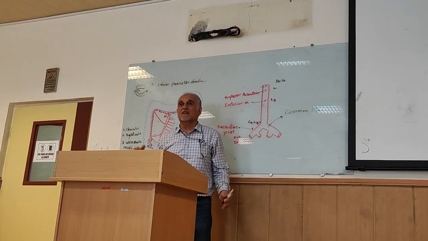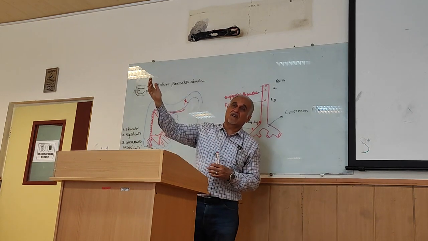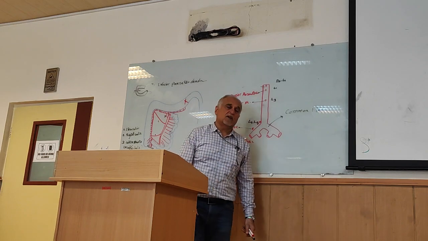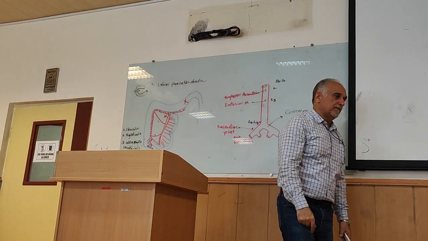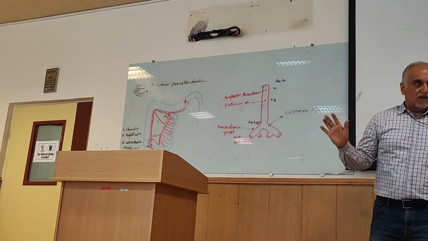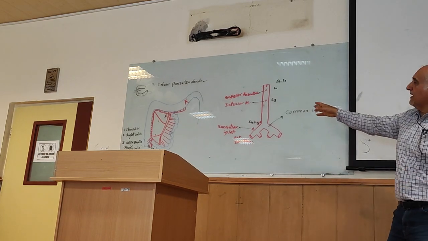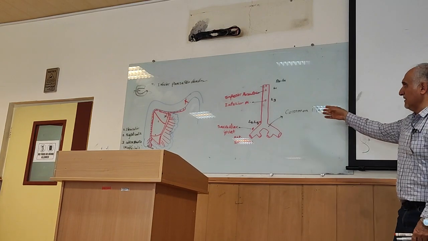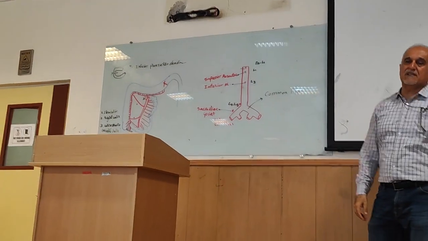Because of this, we divide foregut and midgut by this attachment of the common bile duct. Is it clear? So that is about the superior mesenteric. Please review, then I will show you the inferior mesenteric.